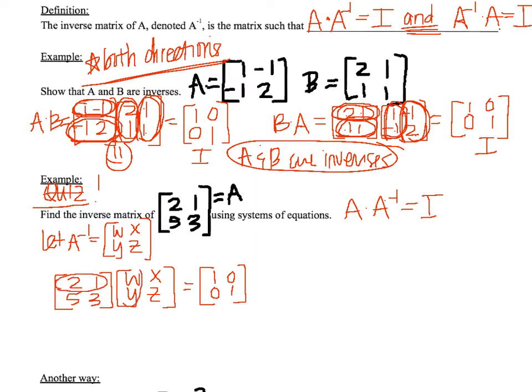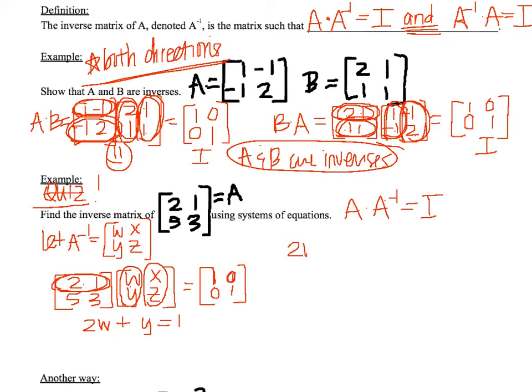2, 1 multiplied by W, Y. So we're looking at first row, first column. That gives me the first row, first column value of 1. So I have 2W plus Y should equal 1. Now when I do first row and second column, I'm going to move this up here so that I can keep the variables separate. First row, second column is a value of 0.